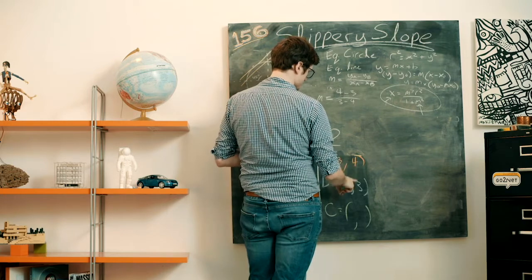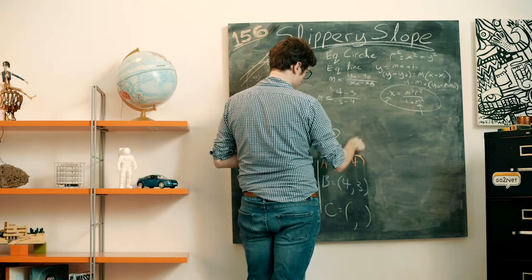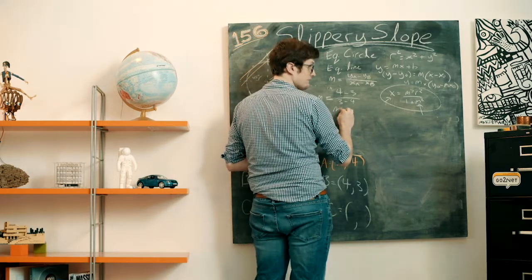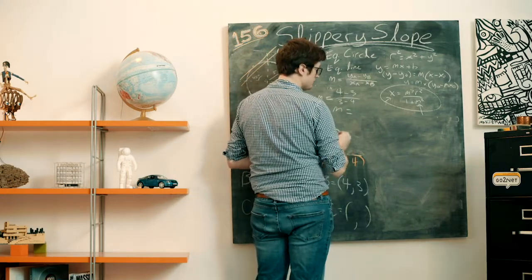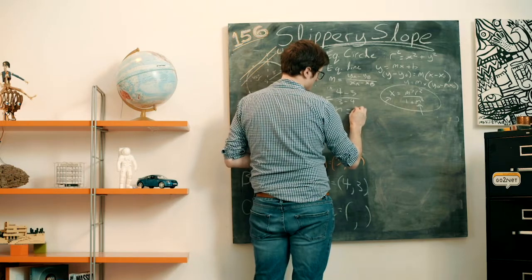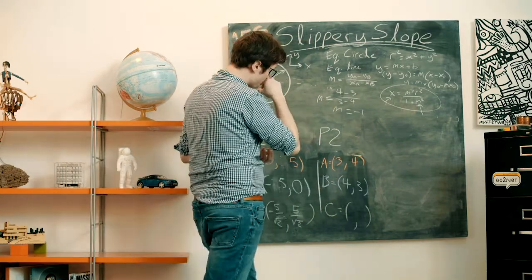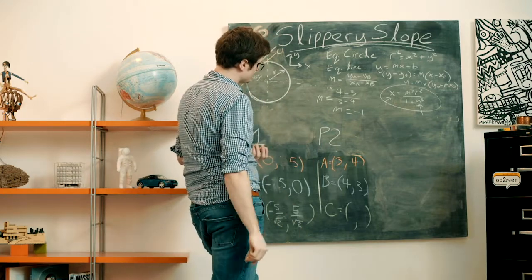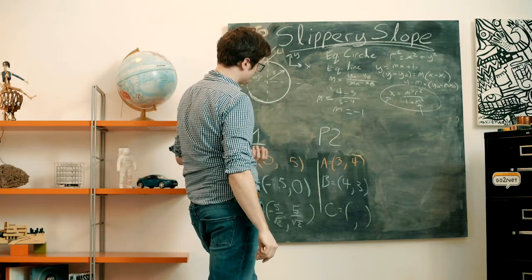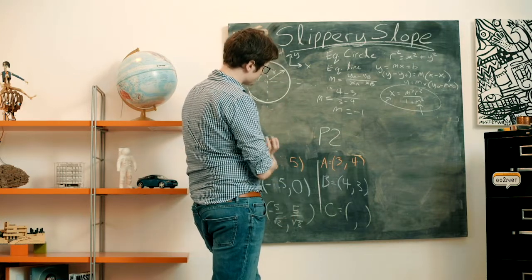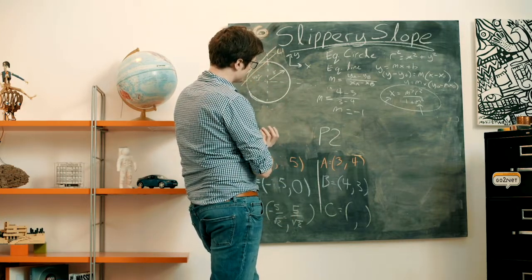Double check that, make sure that we're correct. 4, yes. 3, yes. 4, yes. 3, yes. Okay. So m is going to equal 1. Or, sorry, negative 1. So m is equal to negative 1 here.